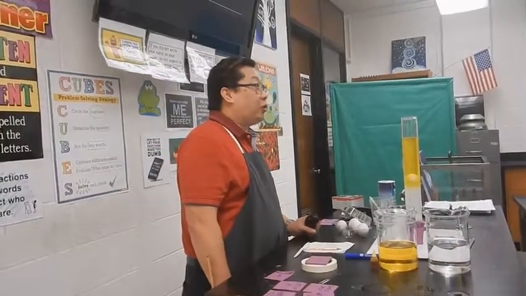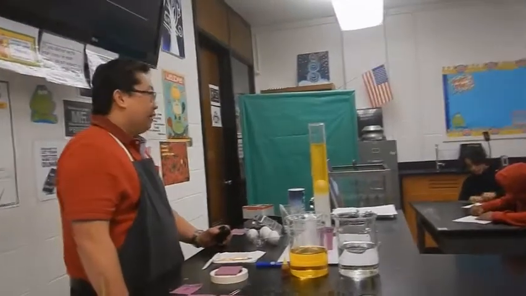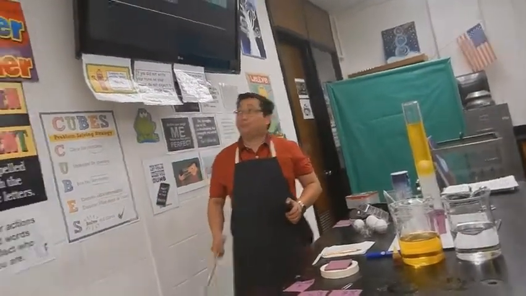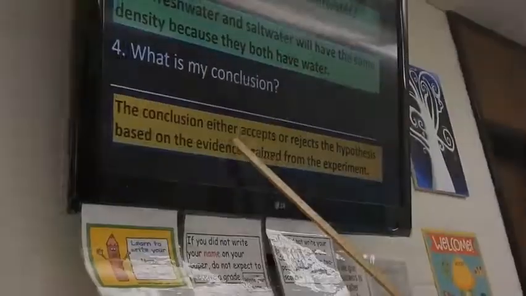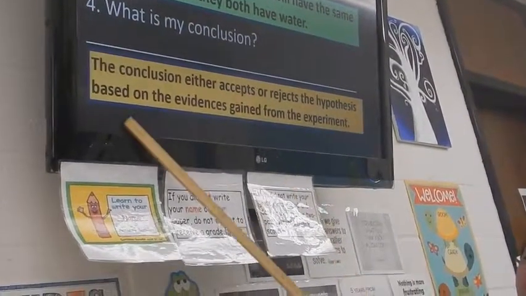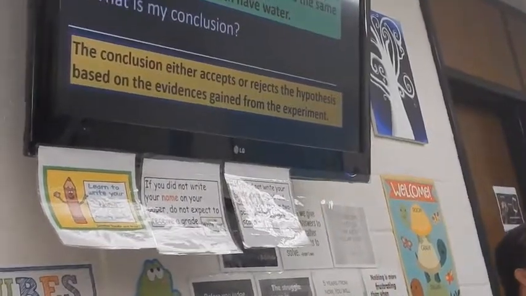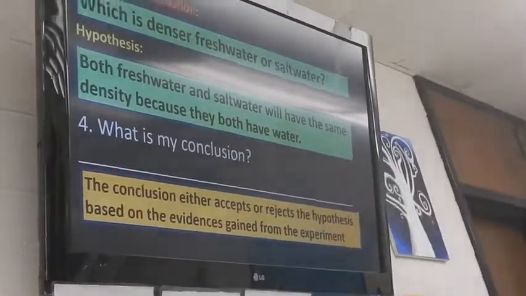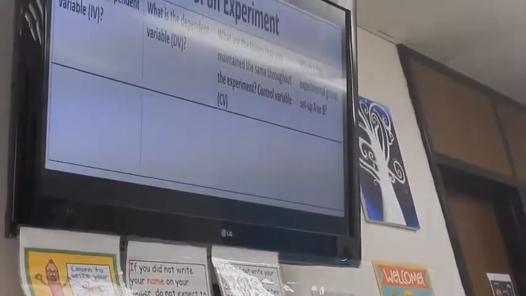So that is our conclusion. Remember, the conclusion either accepts or rejects the hypothesis based on the evidence gained from the experiment. And that is how you wrote down the conclusion. Let's now go to the table.